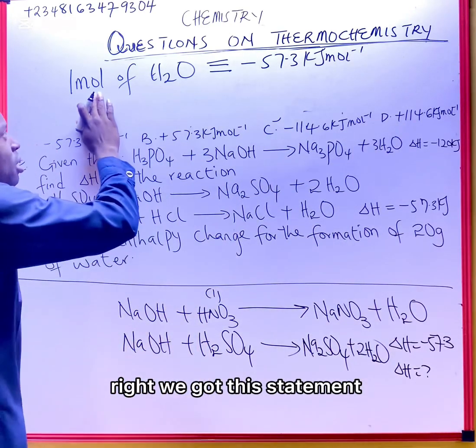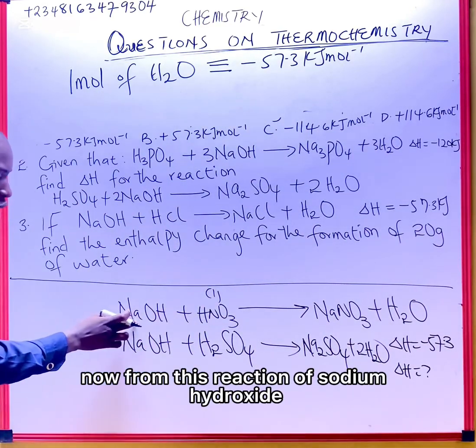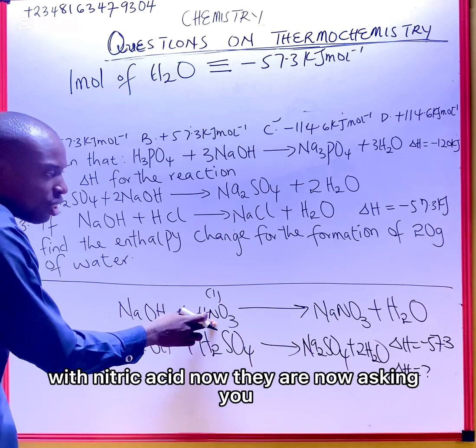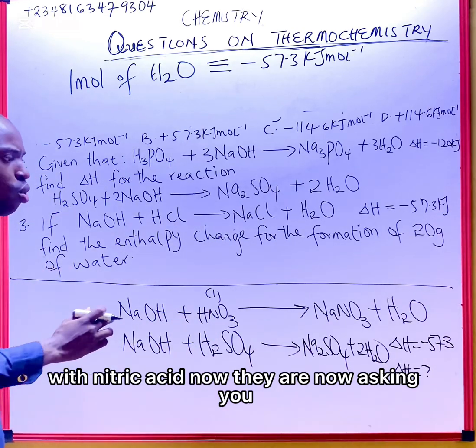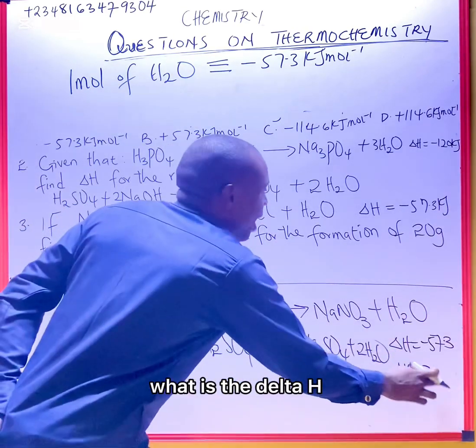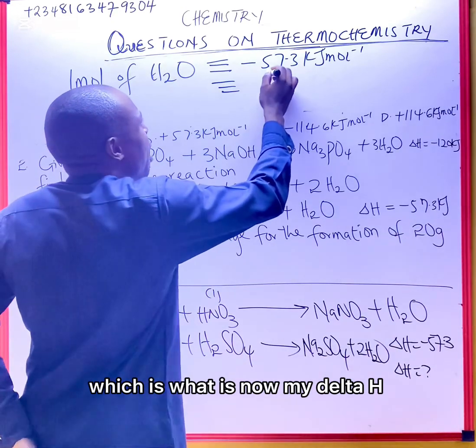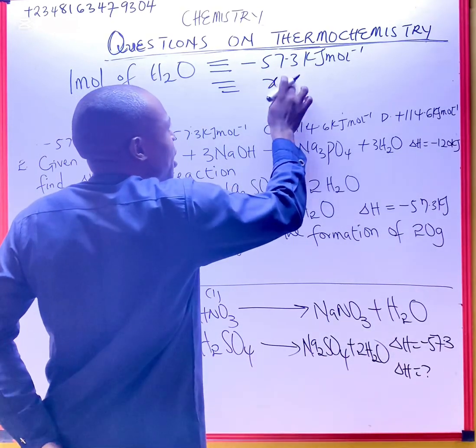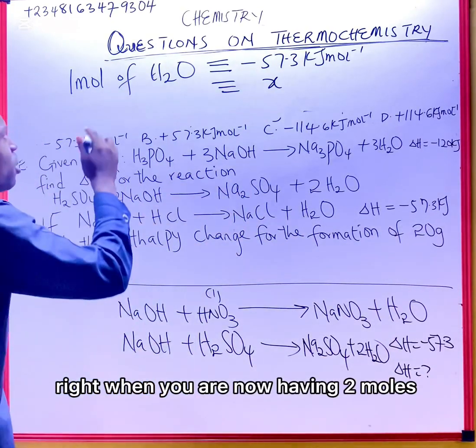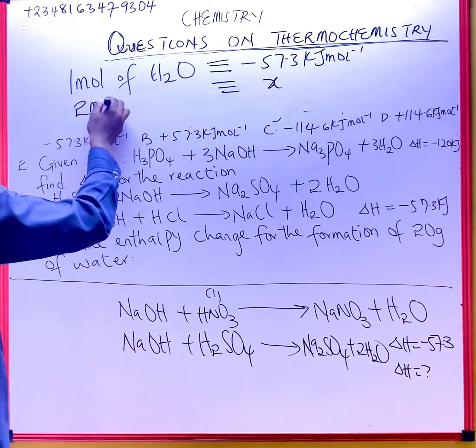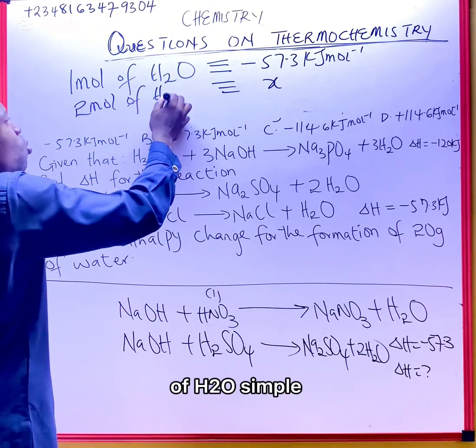We got this statement from this reaction of sodium hydroxide with nitric acid. Now they're asking you, what is my delta H here when you are having 2 mole of H2O?